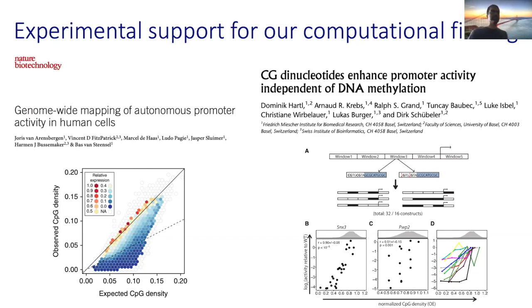So all three of these different studies are taking different approaches, but all kind of converged on the same finding that the nucleotide density of CpGs governs to some degree gene expression levels.